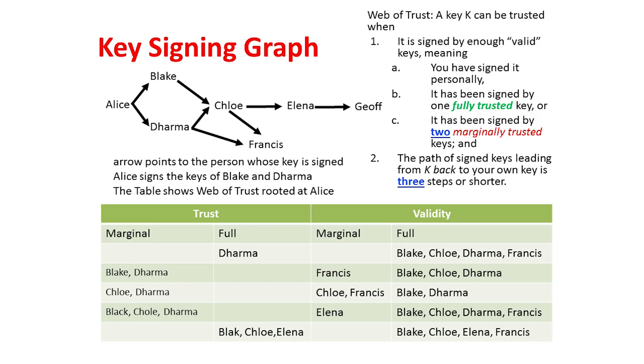When Blake, Chloe and Alina are fully trusted, this is still insufficient to validate Geoff's key since the maximum certification path is 3 as we assumed, but the actual path length from Geoff back to Alice is 4. So that second condition is not satisfied, therefore it's not valid.